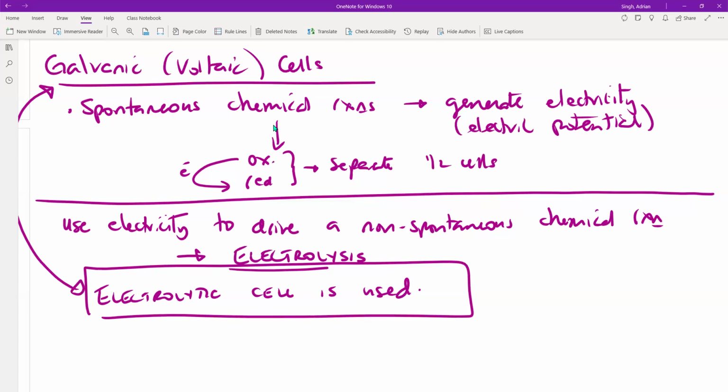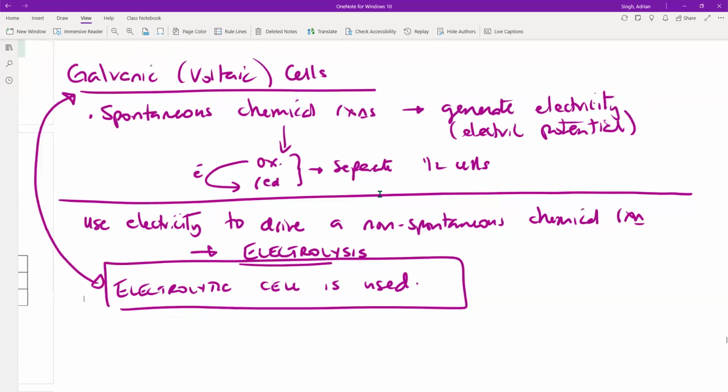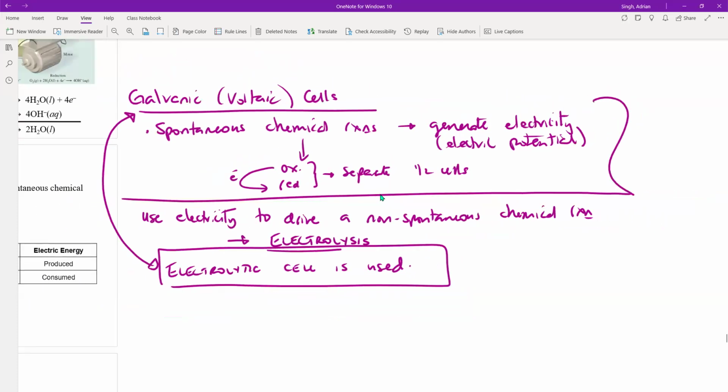Now, the same principles are going to apply when we compare these. All the principles we learned before are going to be the same when we study electrolytic cells, but there are going to be a couple of differences which we've already talked about here.